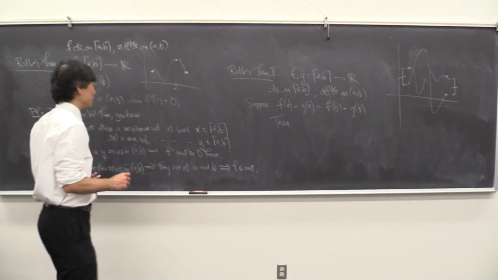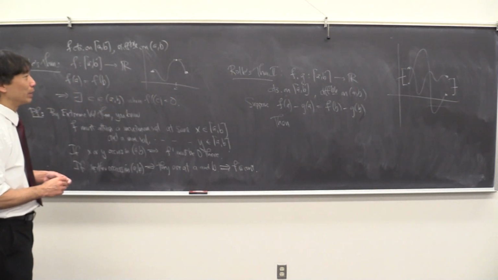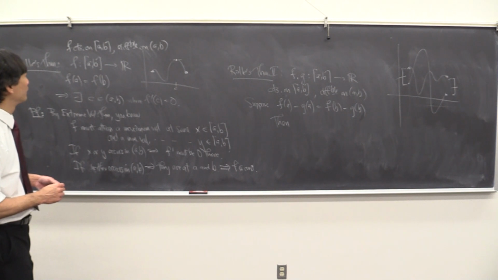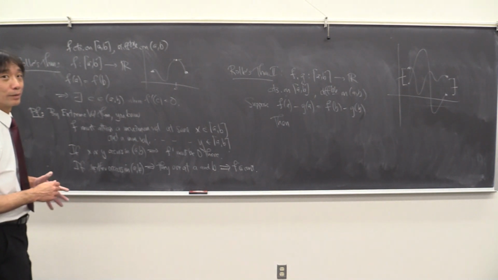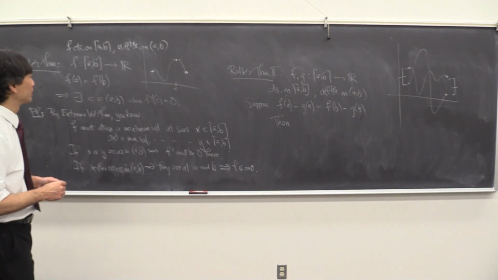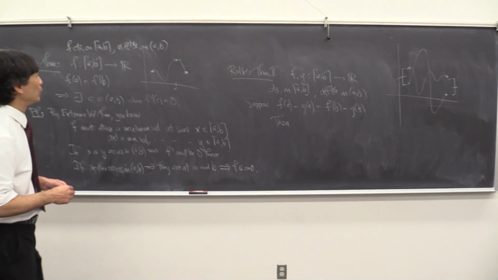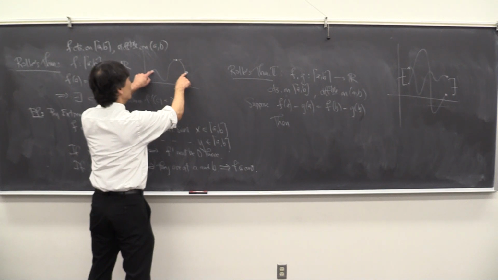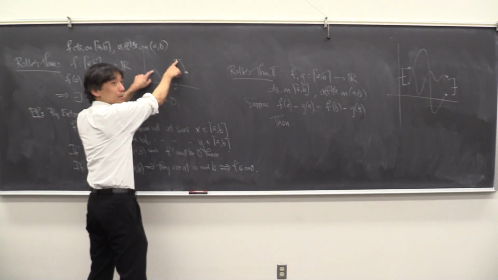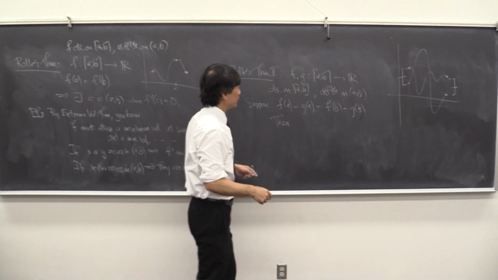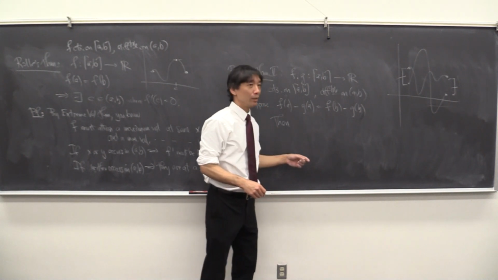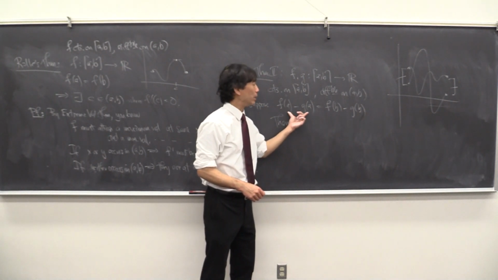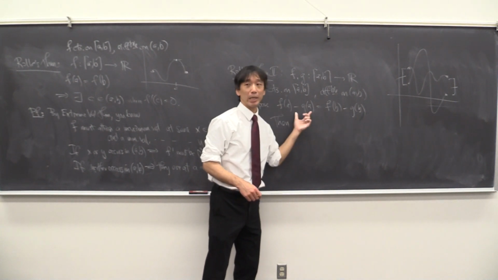It'll be a consequence of Rolle's theorem. Rolle's theorem is basically saying if you have a car and it starts and ends at the same point, then there must be some point where it stopped. Here we've got this pair of functions, but their difference is equal at the beginning and end.